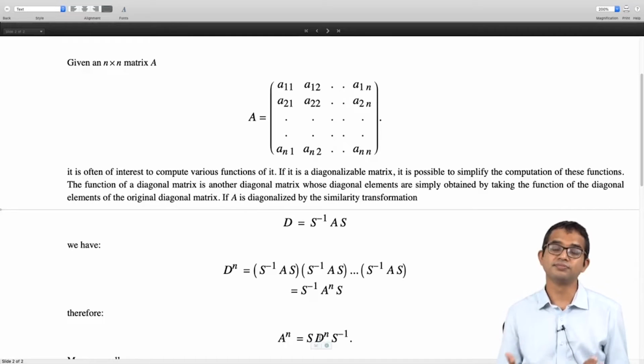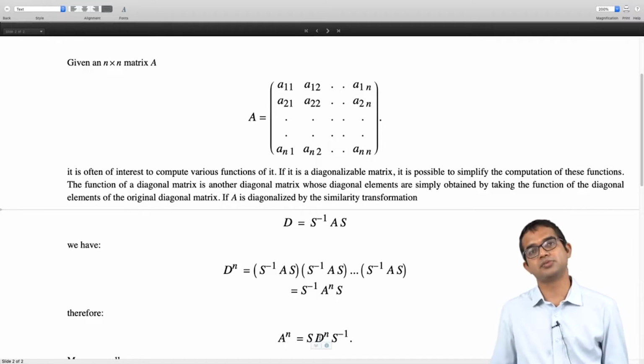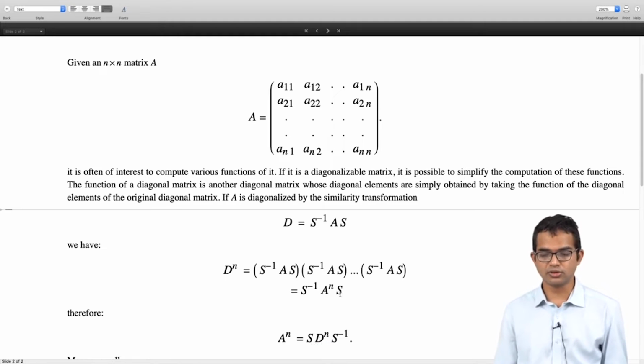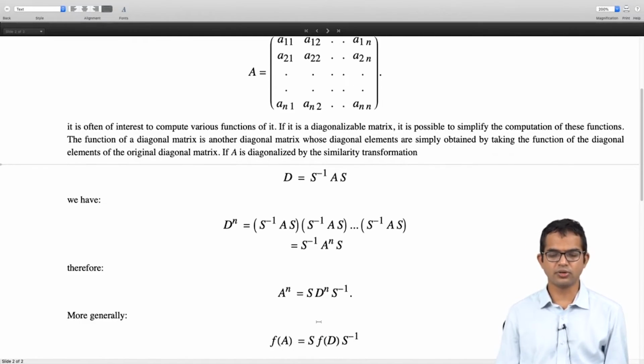So if you can find the similarity transformation S which can diagonalize your matrix, and of course the eigenvalues, then it's very easy to compute A to the n, right? And in general you can find some function of A using the diagonal matrix and the similarity transformation.